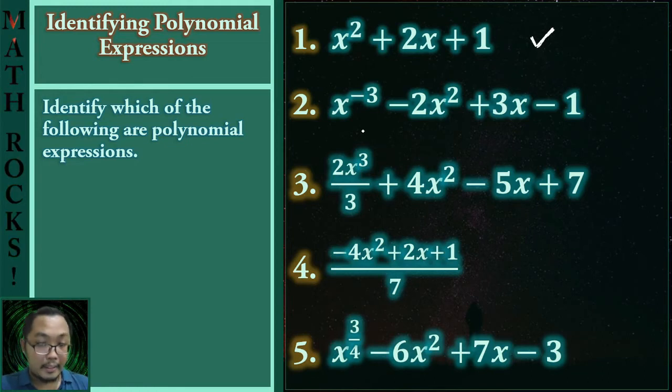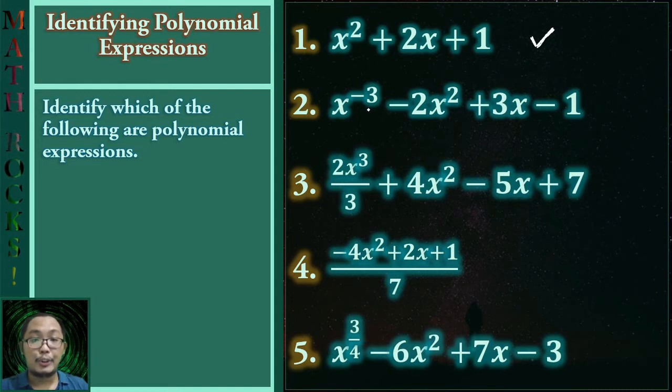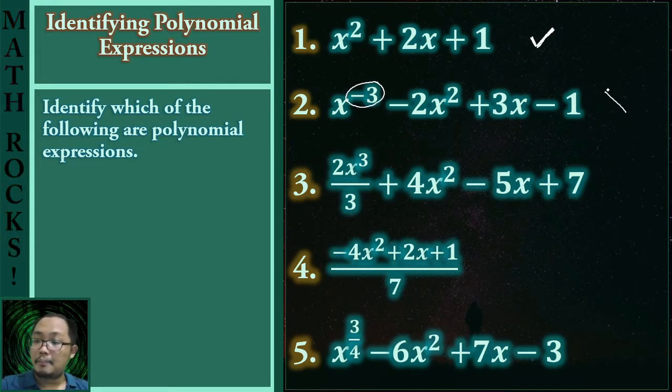Looking at the other one, you will notice that one of the conditions in the definition is that n should not be a negative number. So this is the reason why this expression is not a polynomial expression. Let us simply mark this with an X.